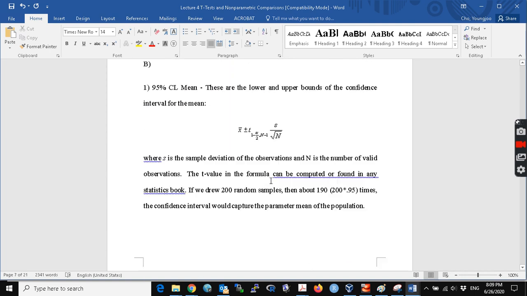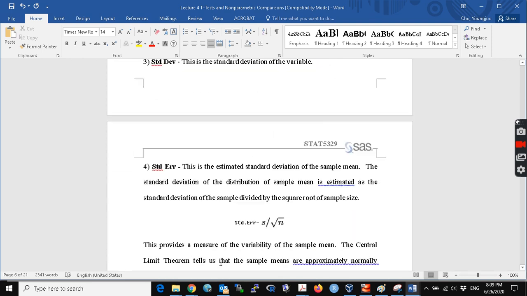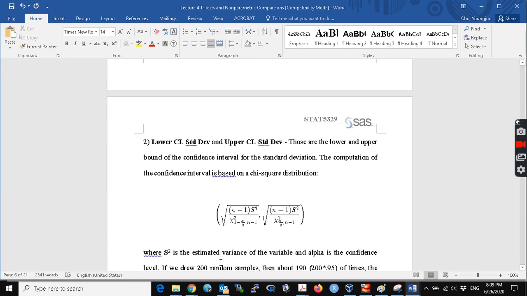Next is the confidence interval for the standard deviation. The standard deviation is based on this formula. If you remember the statistics theory, n minus 1 times the sample variance divided by the population variance follows the chi-square distribution with n minus 1 degrees of freedom.